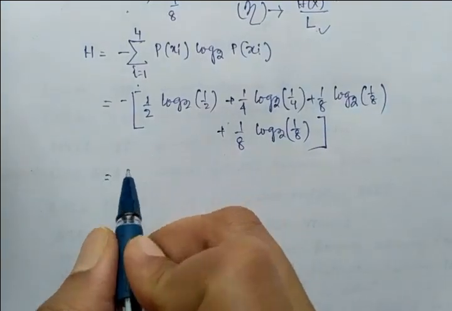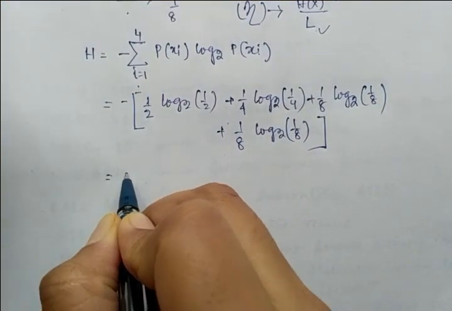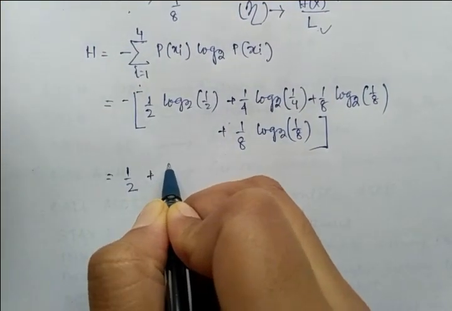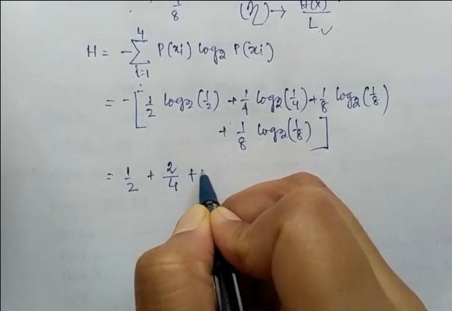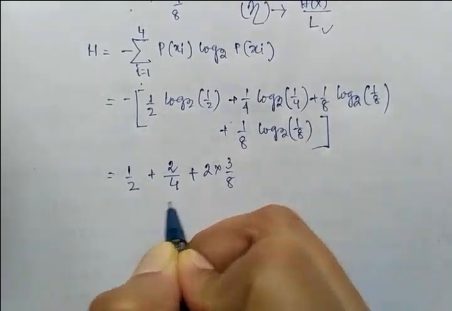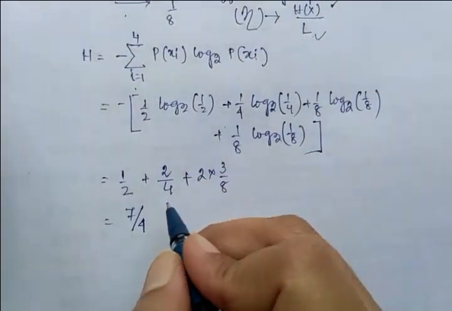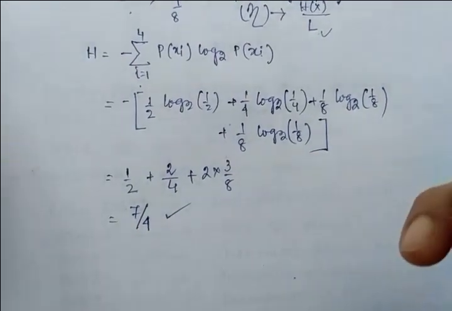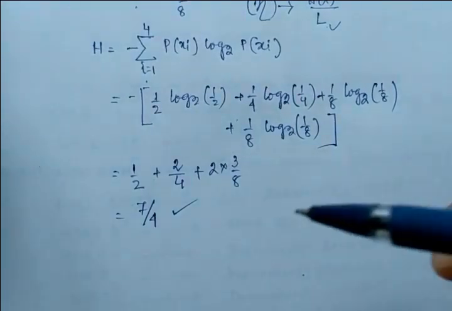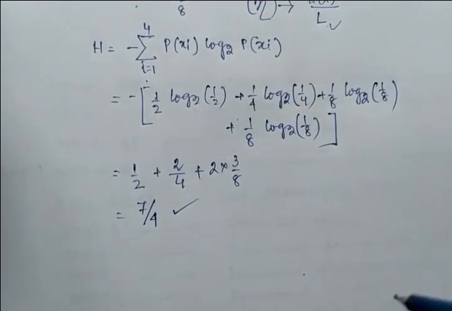If we calculate it, this becomes 2 by 4 plus 2 into 3 by 8, and this becomes 7 by 4. Clear? So the entropy we have calculated is 7 by 4.